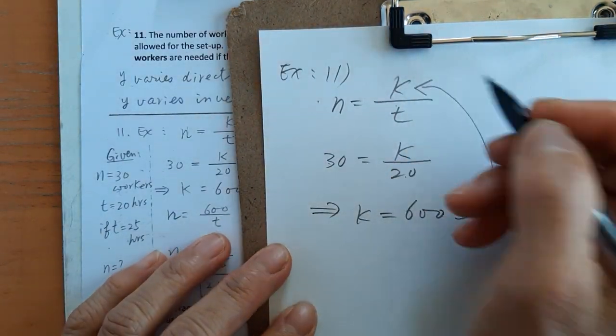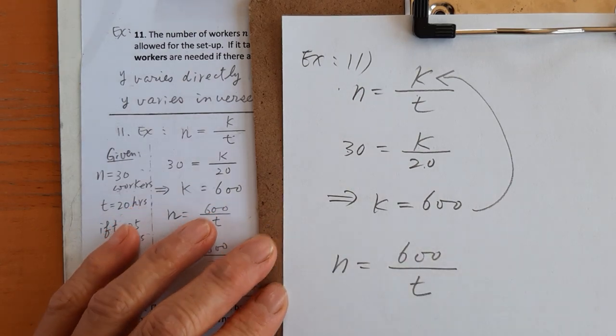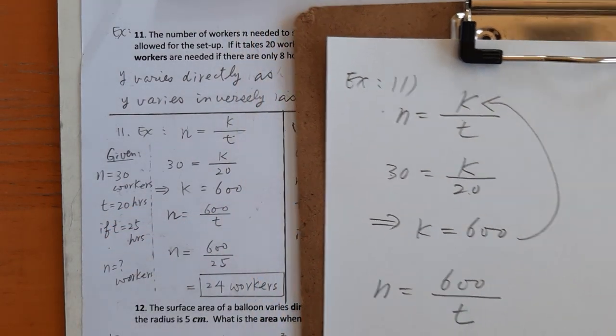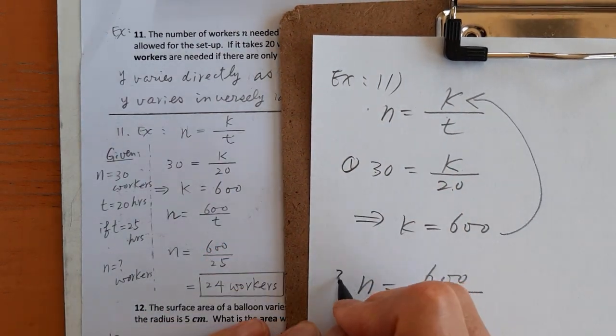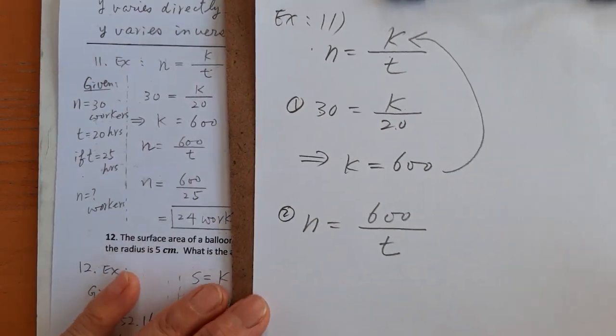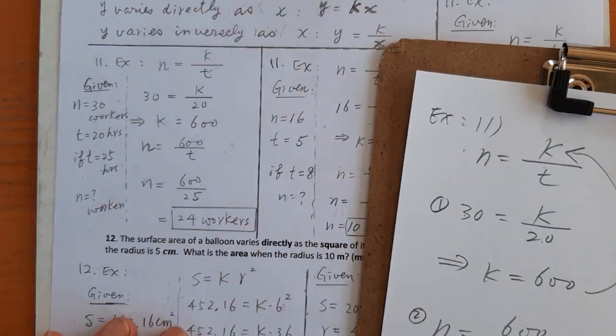Then plug it in, so n equals 600 over t. First step, from the given condition, solve for k. Second step, k is constant, so plug it in. That is the equation.